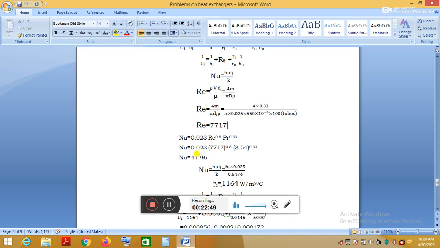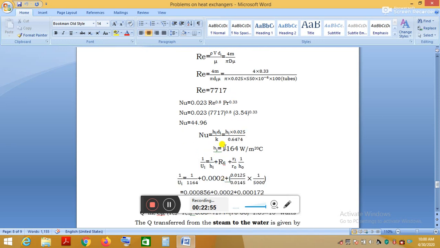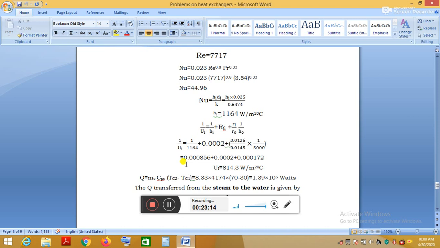Then substituting this Nusselt number value in the equation of Nusselt number, we can find hi, the heat transfer coefficient value of the inner side of water. Now we have the values of hi, h naught and rfi. rfi is nothing but the fouling factor on the inner side. We can find the value of Ui, the overall heat transfer coefficient.